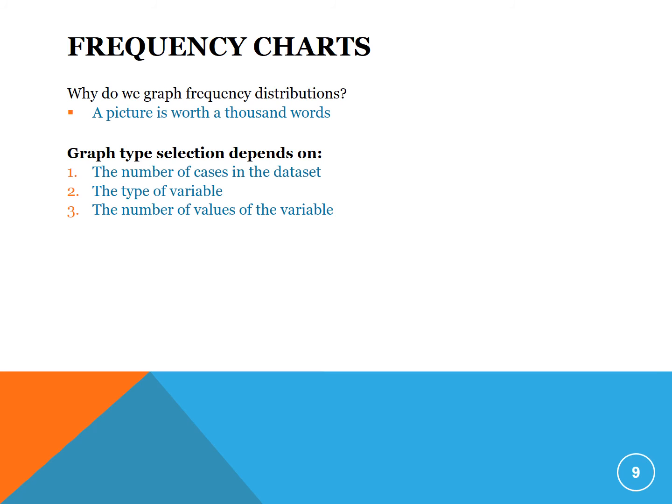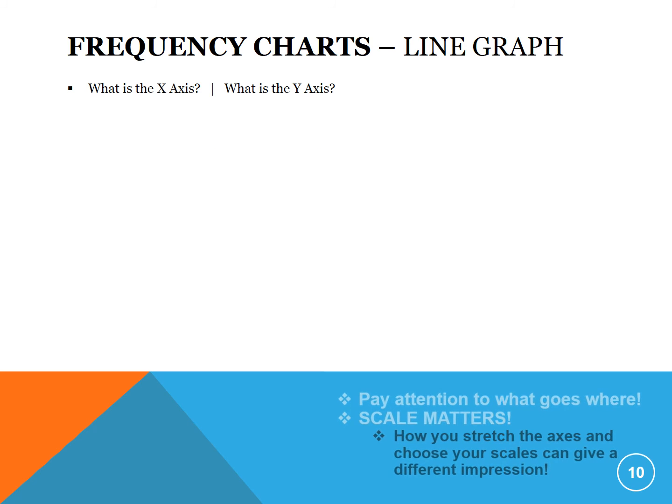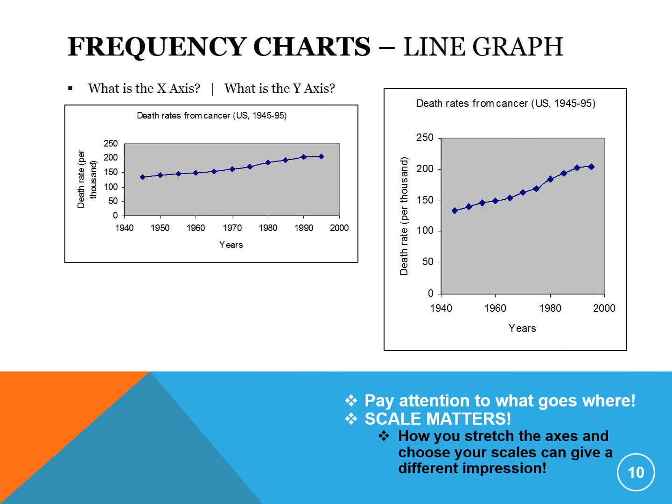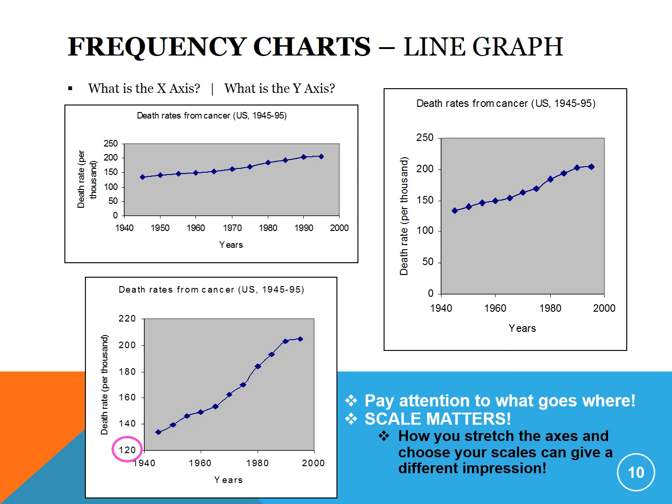Graph type selection depends on the number of cases in the data set, the type of variable you're talking about, remember, interval, ordinal, nominal, even dummy variables, and the type of values of the variables. So here is a line graph, and this line graph, believe it or not, is actually measuring the exact same thing in all 3 graphs.